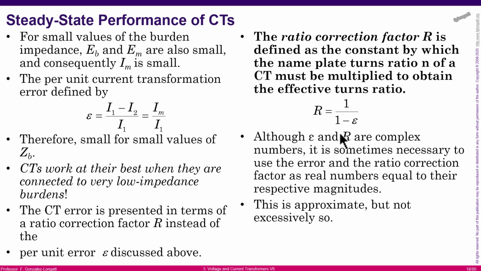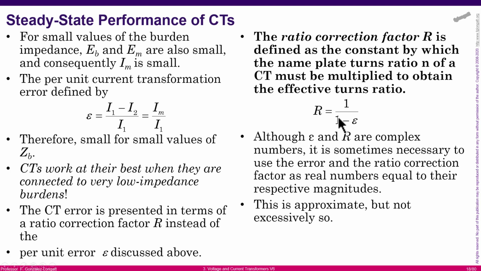Okay, and another important element indicating the performance of a current transformer is what we know as the ratio correction factor. Okay, the ratio correction factor is defined as a constant, and it's basically presented in the nameplate of any current transformer, and we use the letter R to identify this ratio correction factor.